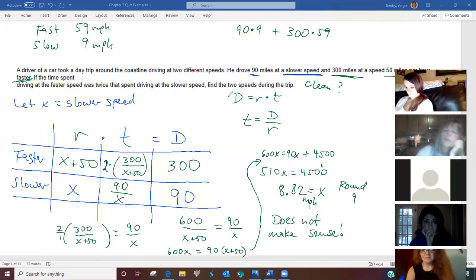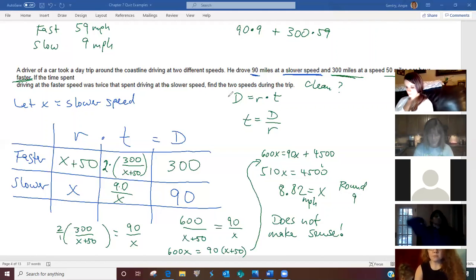It's past my bedtime. I'm not trying to make your life worse. I was supposed to just make it easier, but setting it up is right. I don't know what happened here. So I have 810. Now I'm all hung up on this. Plus 300 times 59. Gosh, I'll have to cut this one off because I don't want to make it worse when I'm sharing this stuff.